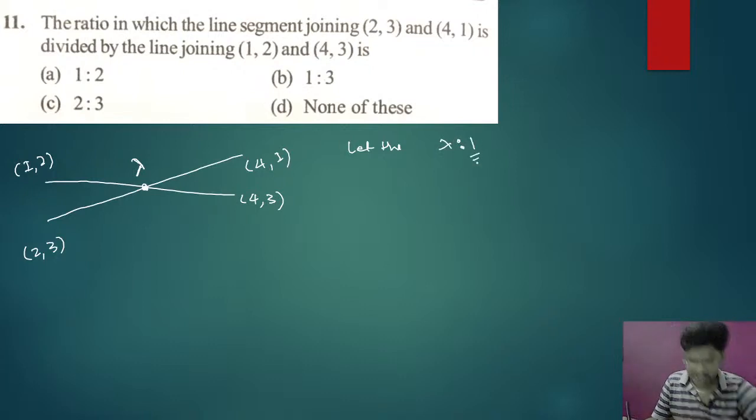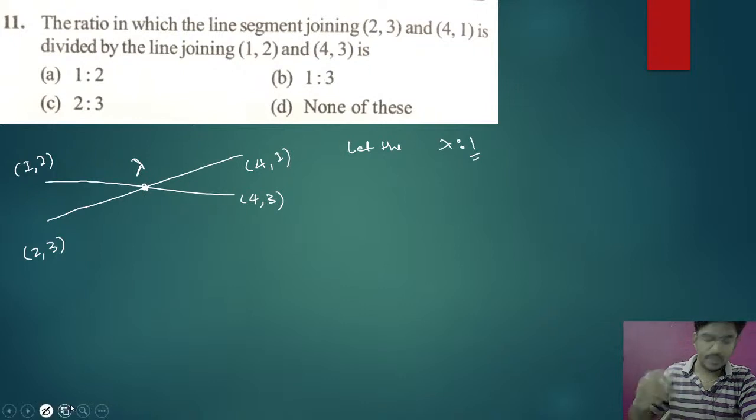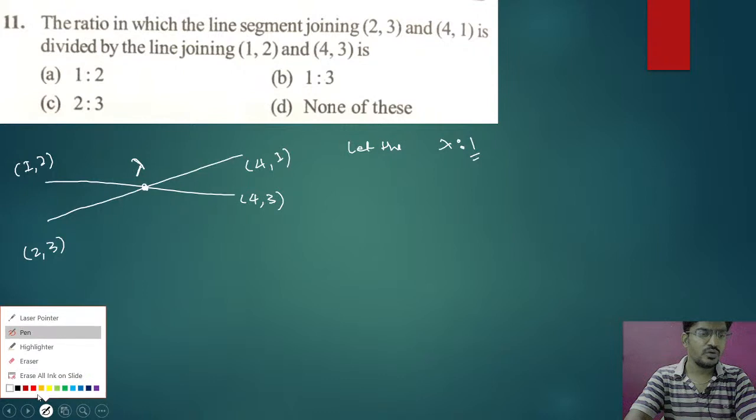Okay. So next you can see here the section point. You have to use the section formula. That is lambda into 4, if lambda is to 1 is the ratio.